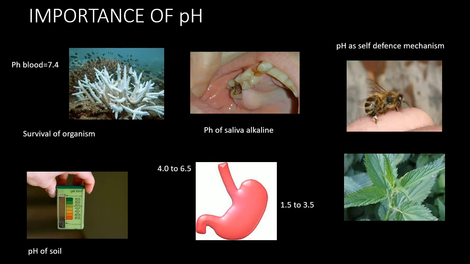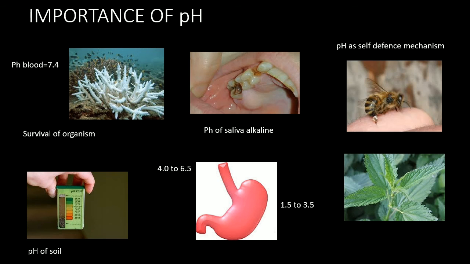On the other side, pH is also used by certain organisms, plants and animals, as a self-defense mechanism. Honeybees inject an acid, methanoic acid, into your skin when you get stung.